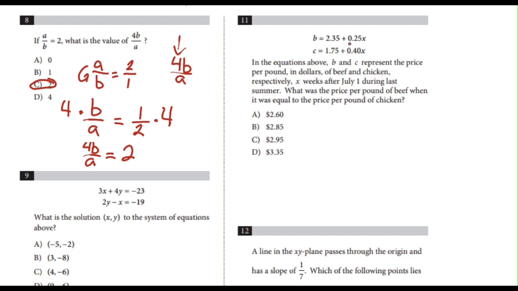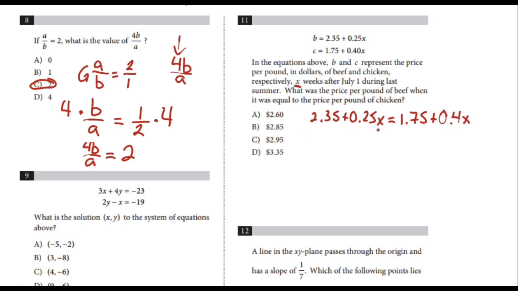So we have this equation that represents the price per pound of beef, B, and C, the price per pound of chicken. We want to find the value x, the number of weeks it took for both of these values to be equal. So we'll have 2.35 plus 0.25x equals 1.75 plus 0.4x.